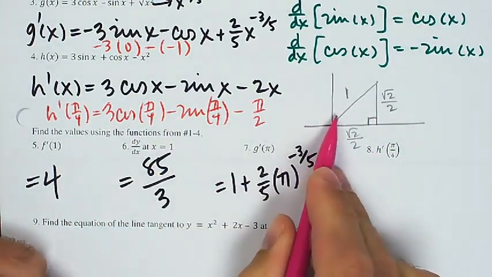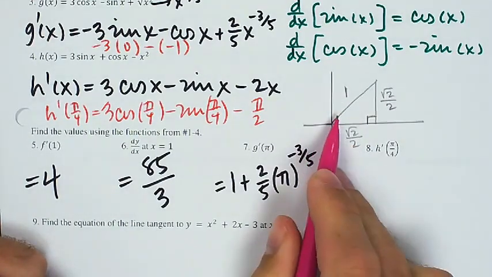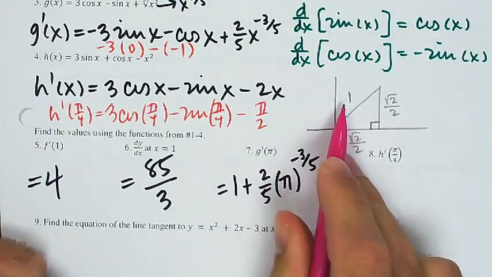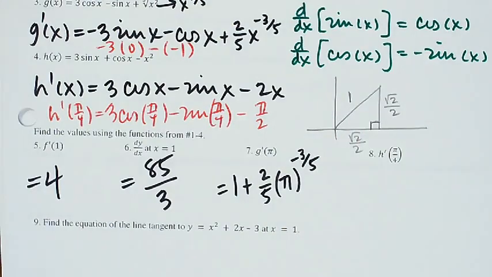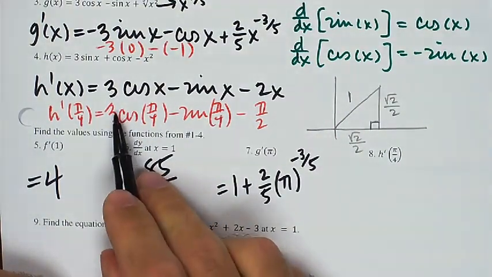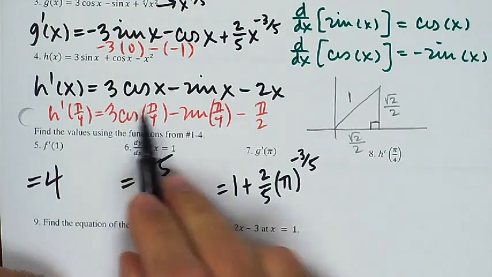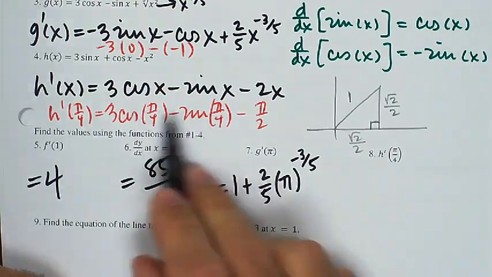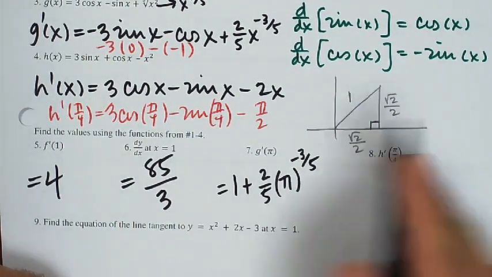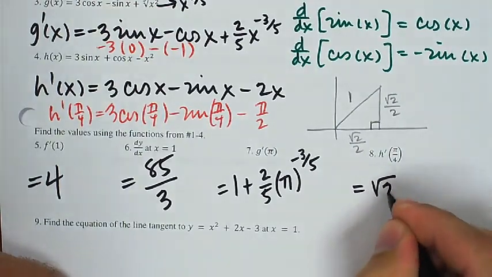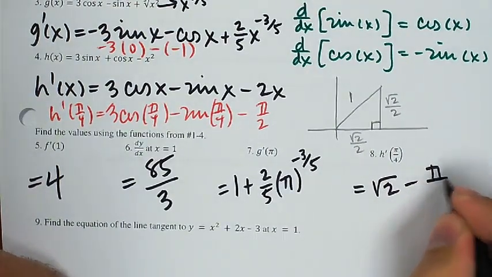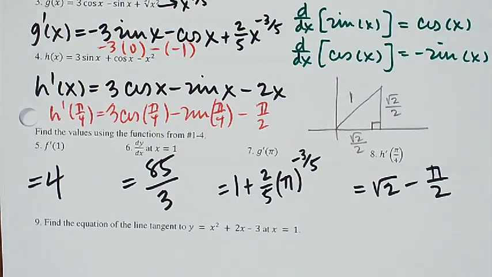So cosine on a SOHCAHTOA level is going to be √2 over 2 divided by 1, and sine will also be √2 over 2 divided by 1. So I'll have 3 times √2 over 2 minus 1 times √2 over 2, which is 2 √2 over 2. So this is going to be the square root of 2 minus pi over 2.